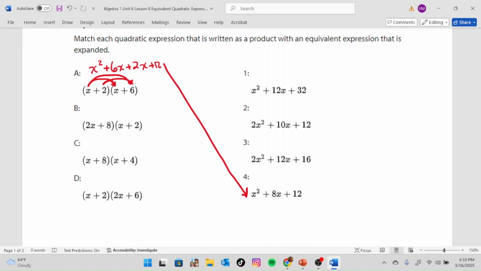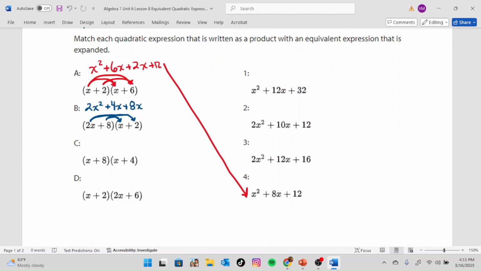Now for b, we'll do the same thing. 2x times x is 2x squared. 2x times 2 gives us 4x. 8 times x gives us 8x.